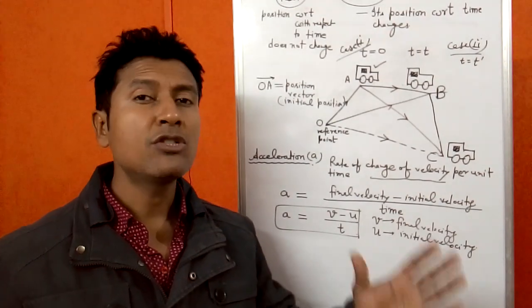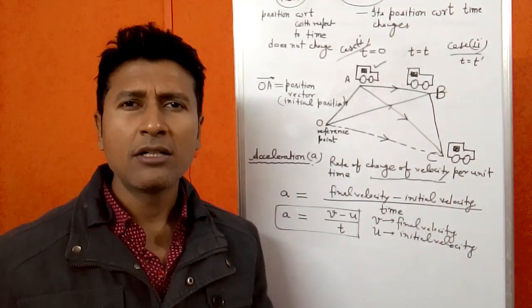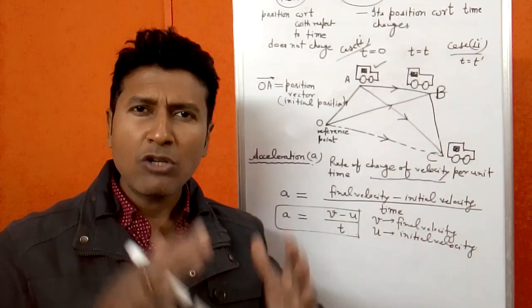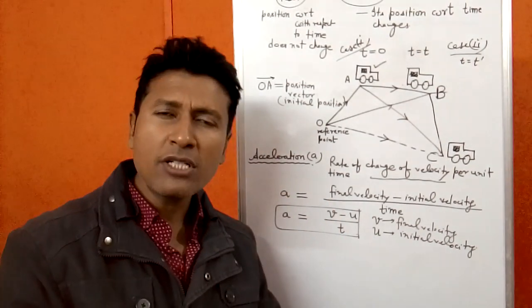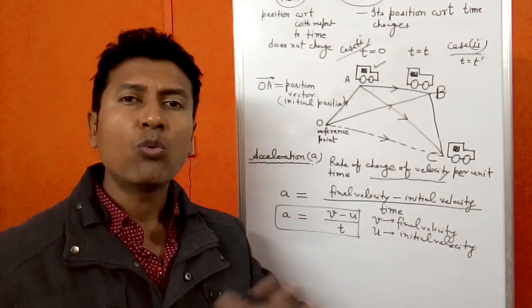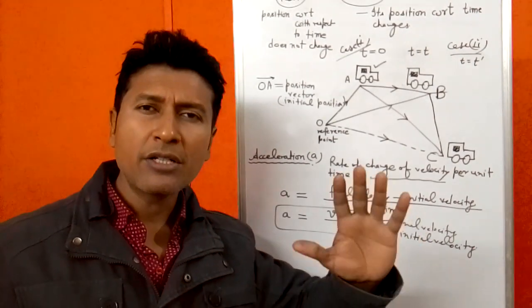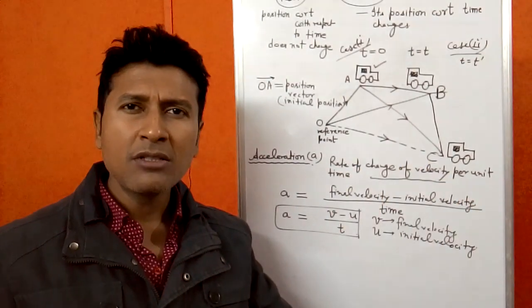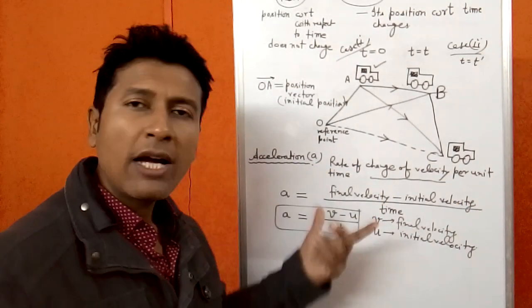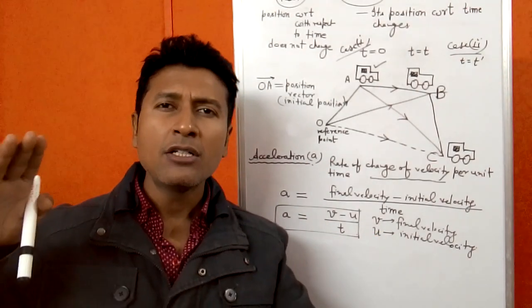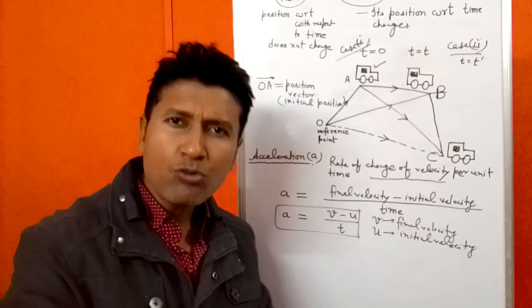Once you have applied a brake, the velocity will start reducing. You had a higher velocity, and now from the higher velocity it is getting reduced.